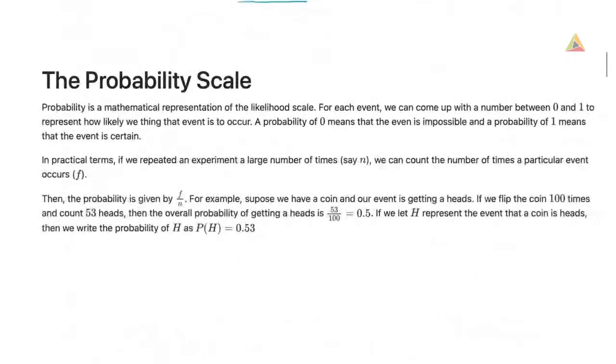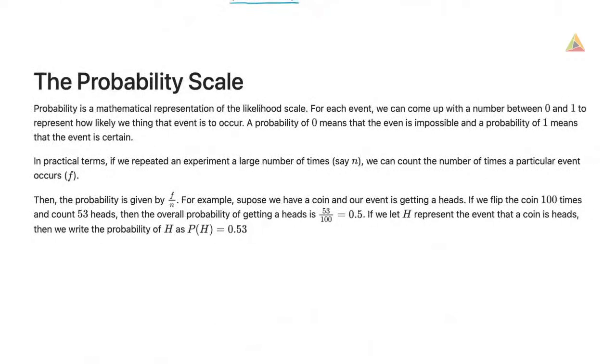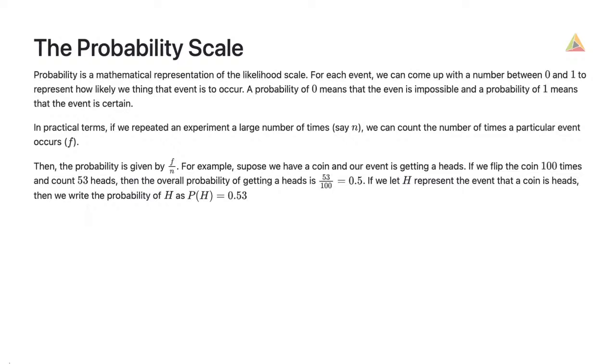So then we're looking at the probability scale. Probability is a mathematical representation of the likelihood scale. For each event, we can come up with a number between 0 and 1 to represent how likely we think that event is going to occur. A probability of 0 means that the event is impossible, and a probability of 1 means that the event is certain, okay?